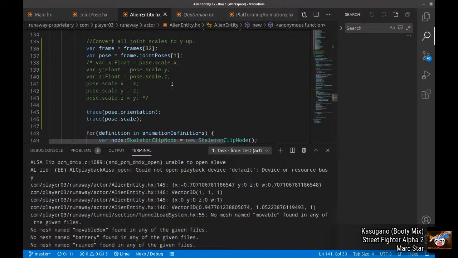And it's currently scaled along the y-axis, but we decided that that one needed to be the z-axis.